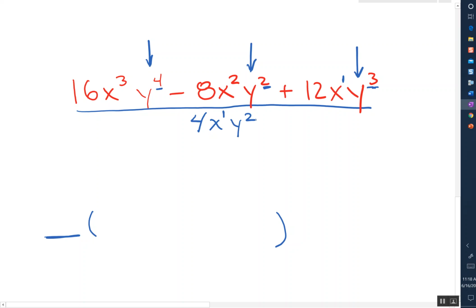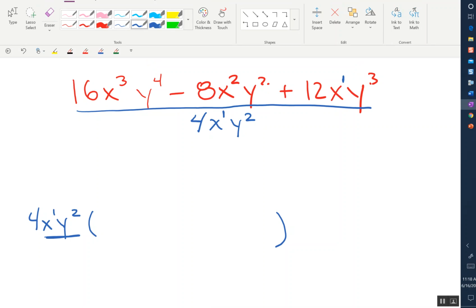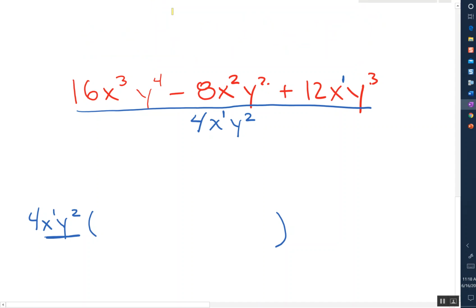So now I know what's going to go in front: 4xy squared. You can put the 1 on it if it makes you feel comfortable. And now let's start doing our division to complete the GCF. Clean up some of these things so it doesn't look so sloppy. All right, here we go. And I might try and do some different colors here so we can see. Let's start with this.